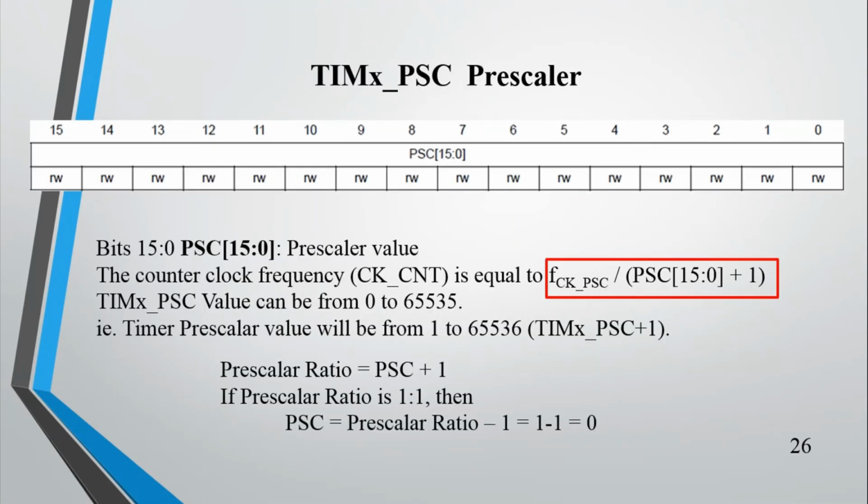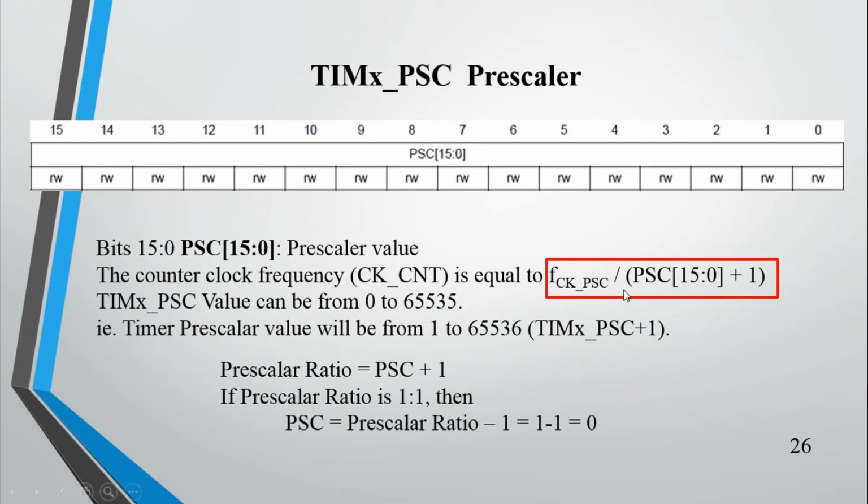Then this is the prescaler, whatever I have told. The prescaler of the timer is of size 16-bit. How many combinations are possible? You can have value of the prescaler from 0 to 65535. So if I am giving a prescaler as 0, what will be the actual prescaler ratio you are setting?